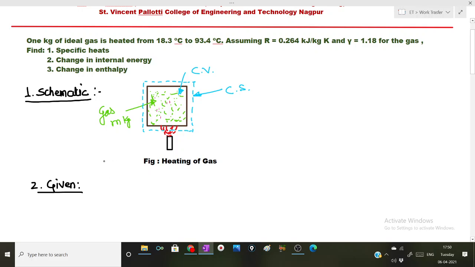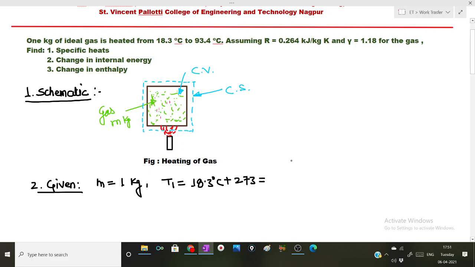After drawing the required schematic, let us enlist all the given parameters. Here mass of the gas is given as 1 kg. Temperature is given as 18.3 degrees Celsius. I will convert it into absolute temperature.